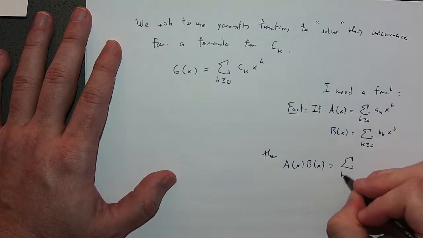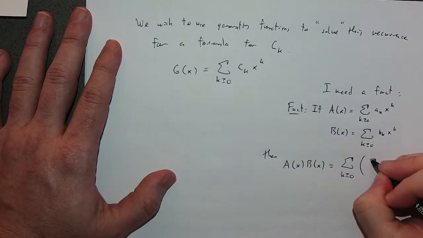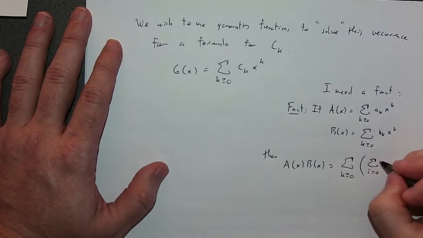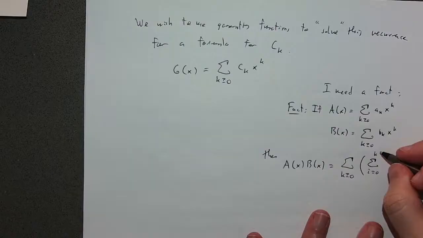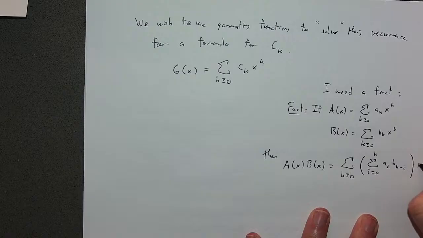This is a sum over k greater than or equal to 0 of a sum over i, from 0 to k, of a sub i, b sub k minus i times x to the k.